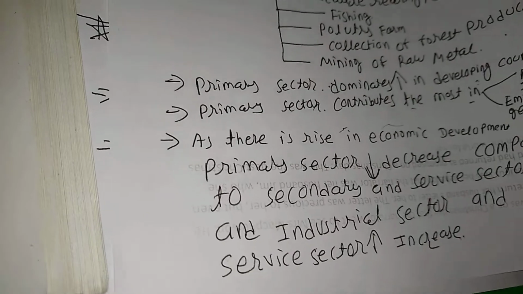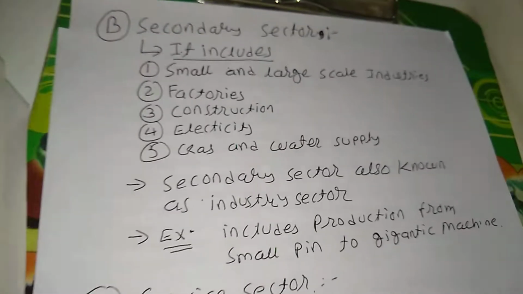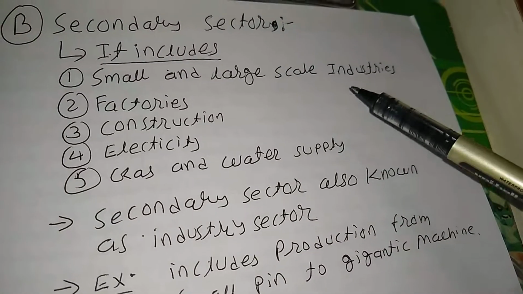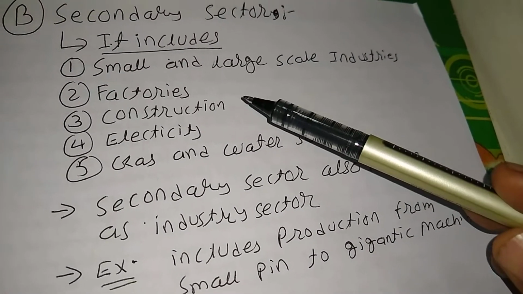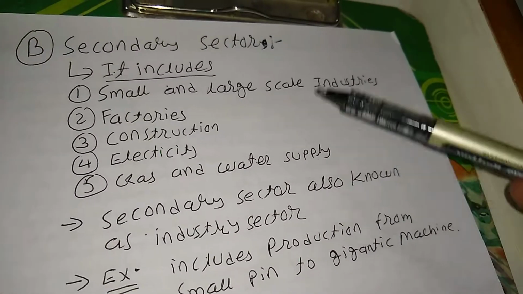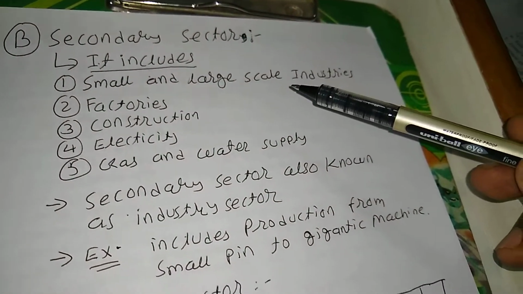Then after this we move on to the secondary sector. Now secondary sector includes small and large scale industry, factory, construction, electricity, gas and water supply. They all are secondary sector examples.